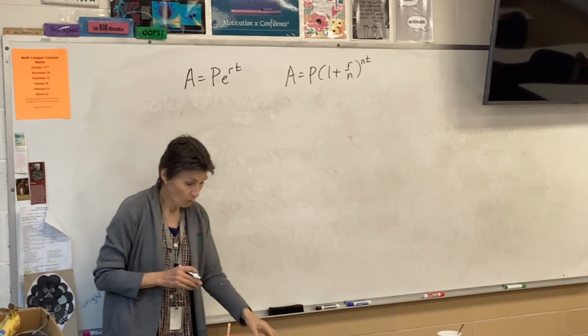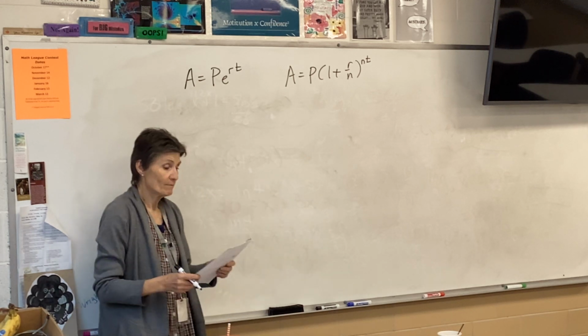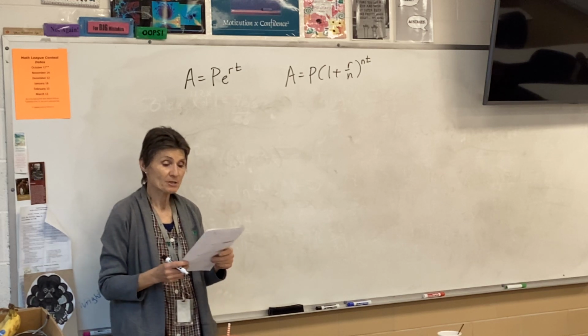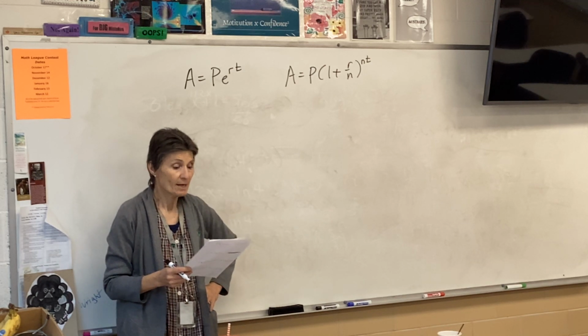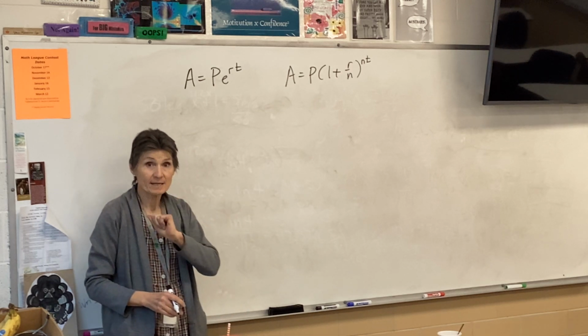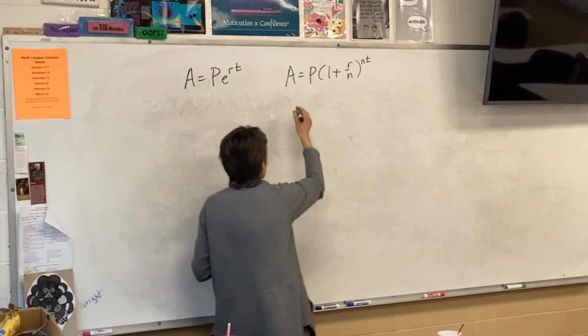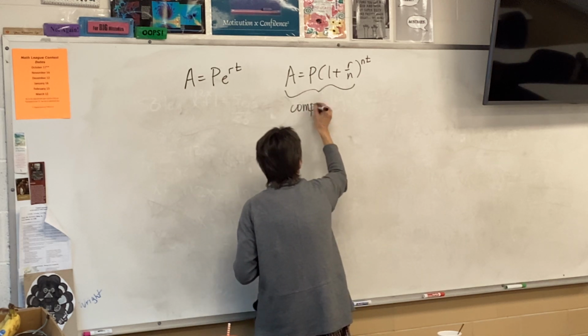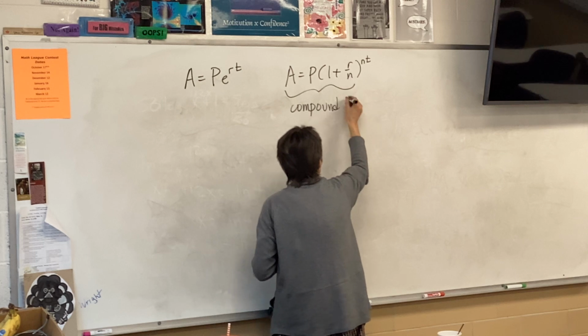So, problem number one. How long will it take for an investment of $1,000 to double if the bank pays 2.5% interest compounded quarterly? That is the key. This is the formula we use when we compound interest.